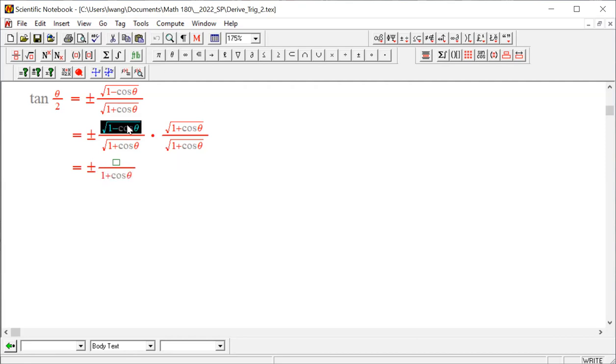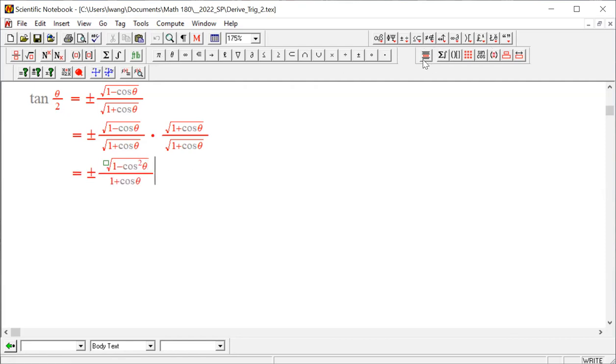On the top, right? Because the bottom is easy, 1 plus cosine theta times 1 plus cosine theta. And cosine theta is between -1 and 1, so the denominator, make sure it's not 0, so we're fine. On the top, inside the square root, is going to be 1 minus cosine squared theta. So what did we use here?